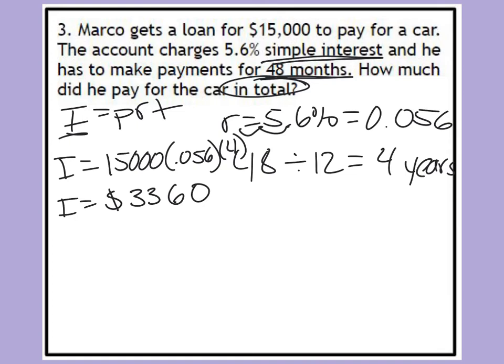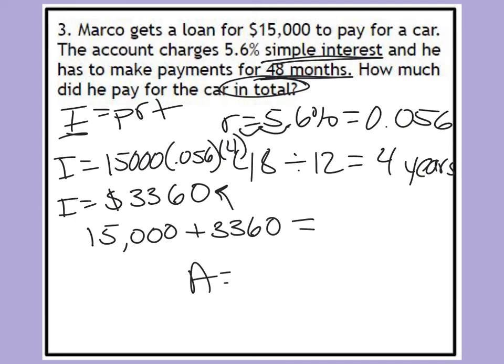But we're looking for the total amount, so I'm going to take that principal and I'm going to add it back to the interest. So I'm going to do the principal, which is 15,000, plus the interest right here, 3,360. And once I add those together, I'm going to get my final amount, 18,360.